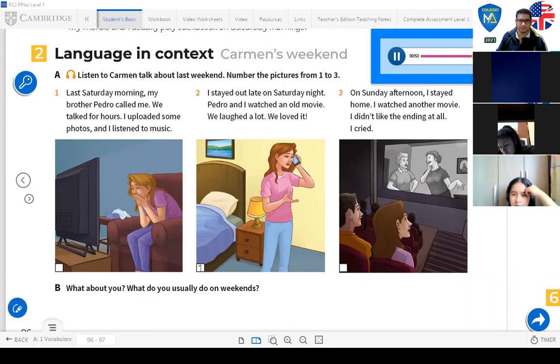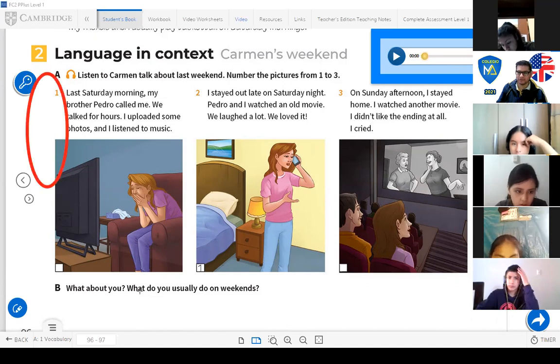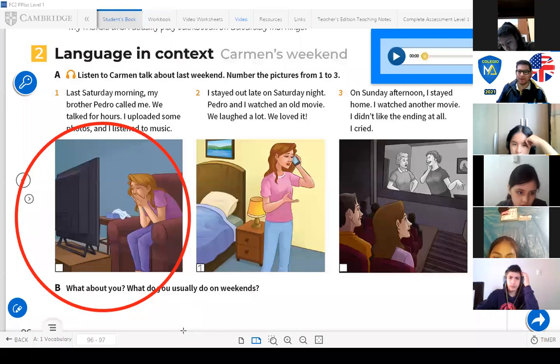Now, please, you have to tell me the numbers on this part. What number is this, students? This picture. Number 1, number 2, number 3. What do you think? Number 1.